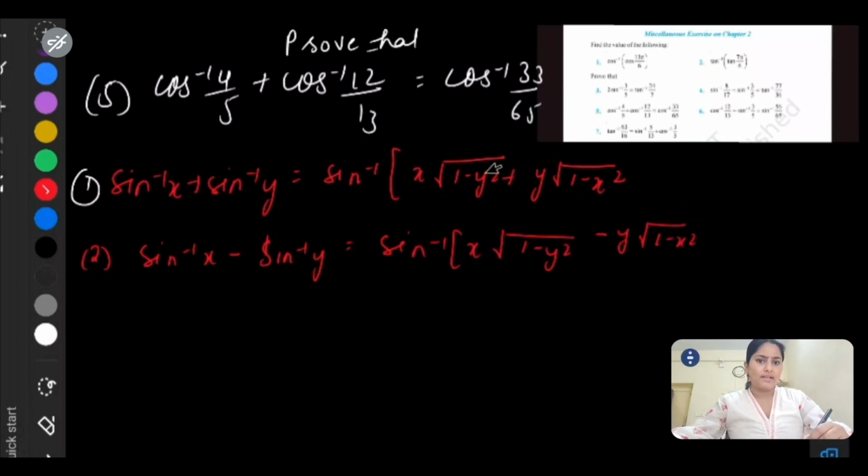The formula is almost the same, but in the plus case we write plus, and in the minus case we write minus. Just change it. Now moving on to the next important formula, the third one.